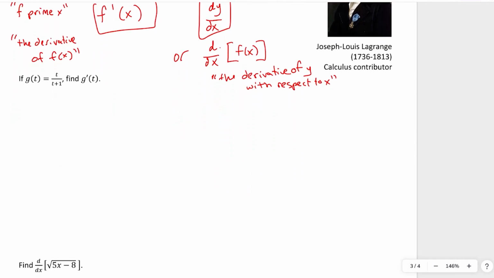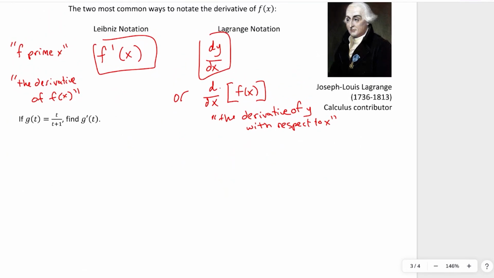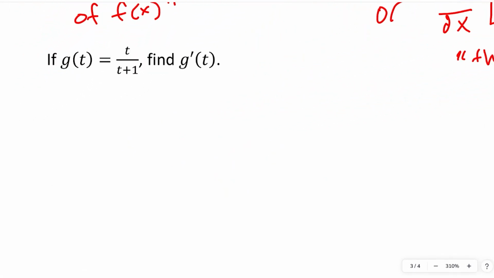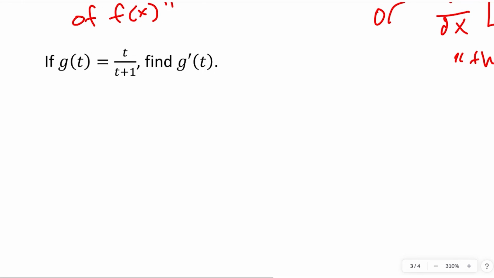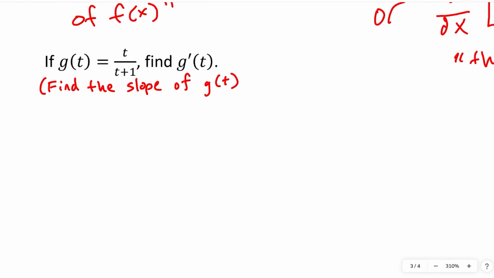Poor Newton. Okay, so this next question says, if g is t divided by t plus 1, find g prime. This means find the slope, or the derivative, of g of t.